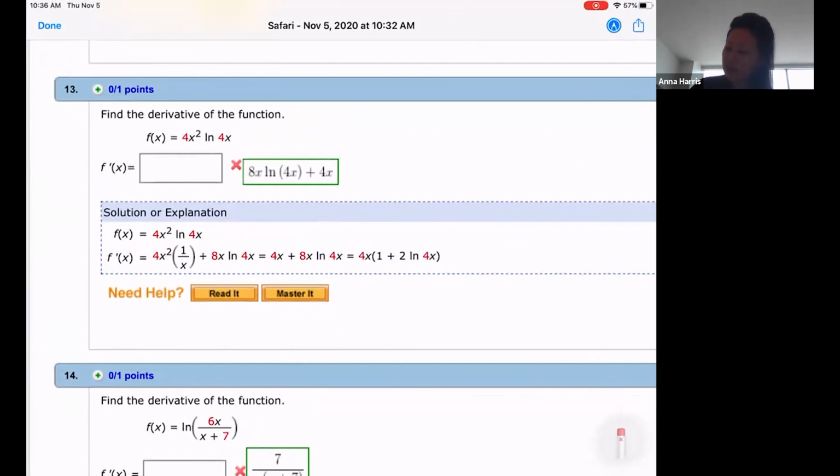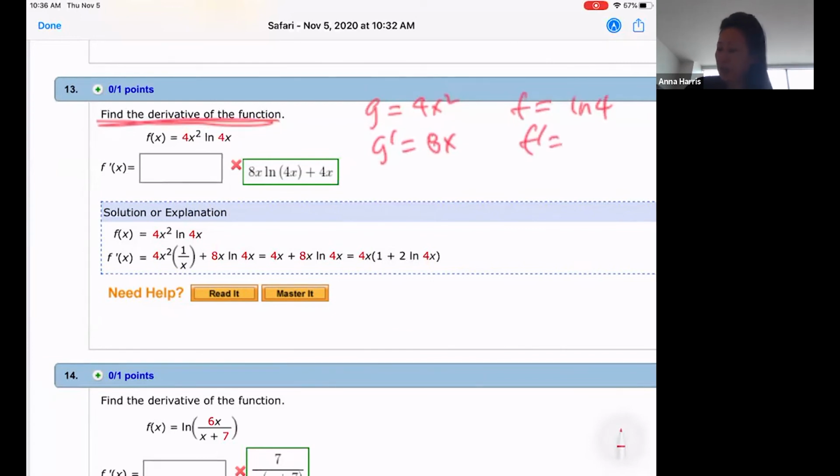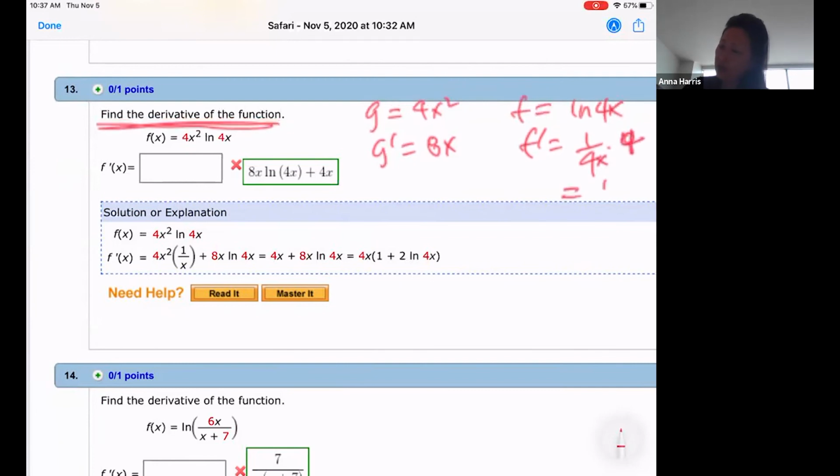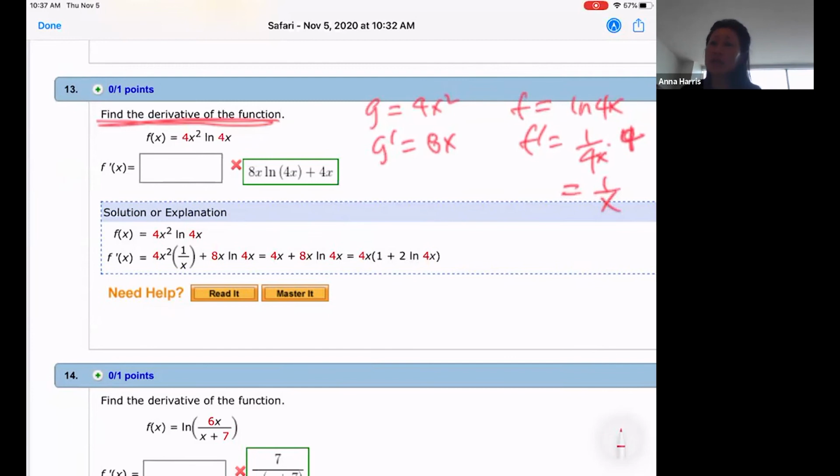Take a derivative of... I'm going to say my g is equal to 4x squared and my f is equal to natural log 4x. g prime would be 8x. f prime would be... to 4x, gives me. So you just plug it in.